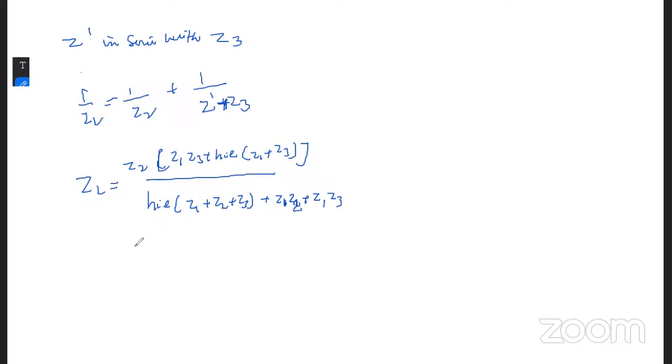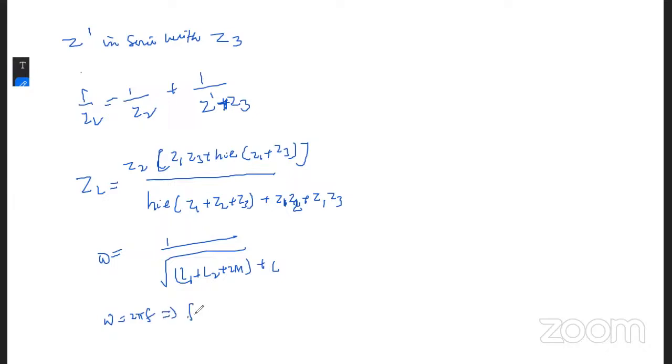In terms of omega, we get omega equals 1 by root of L1 plus L2 plus 2m, into C. And this omega is nothing but 2 pi f, the angular frequency.